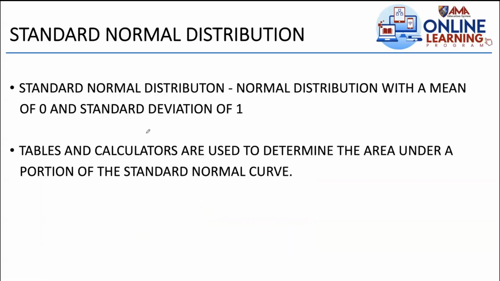Okay, this one is mentioned just to emphasize, no? Standard normal distribution is a normal distribution with a mean 0 and standard deviation of 1, as mentioned in your module, no? And also this one is mentioned in your module. The tables and calculators are used to determine the area under a portion of the standard normal curve. So again, area is mentioned, no? Which is associated to that decimal or to that percent that we've been talking about a while ago in the first part when we talk about frequency, no?